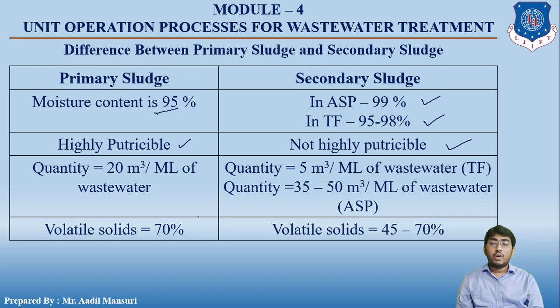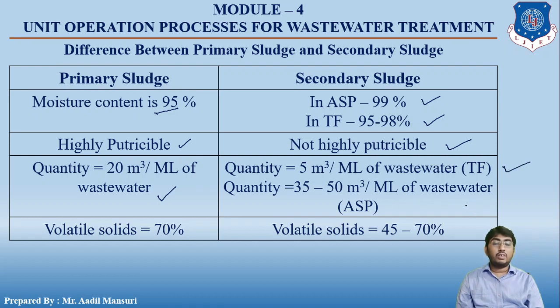Fine. Talking about the quantity of sludge generated, in case of primary sludge, the quantity generated is 20 meter cube per million liter of wastewater, and in case of trickling filter, that is the secondary sludge quantity, it is 5 meter cube per million liter.